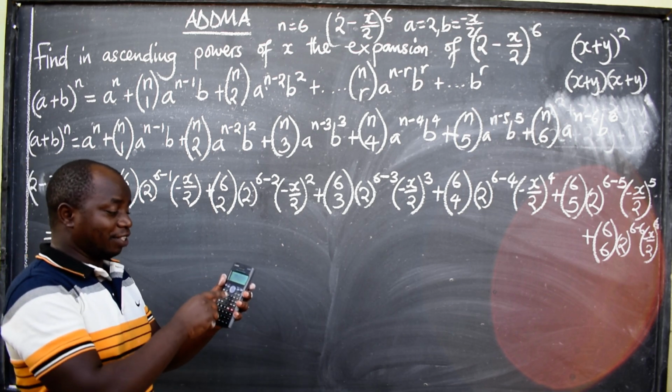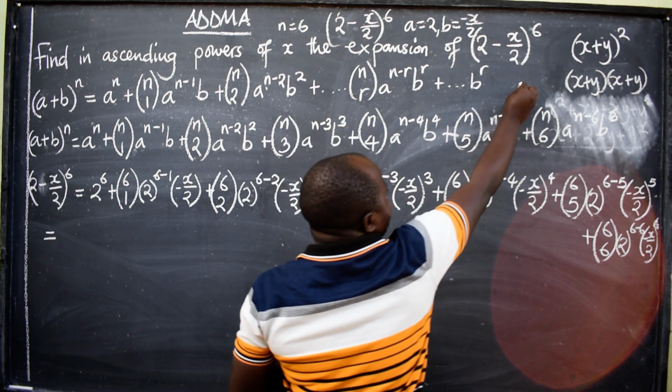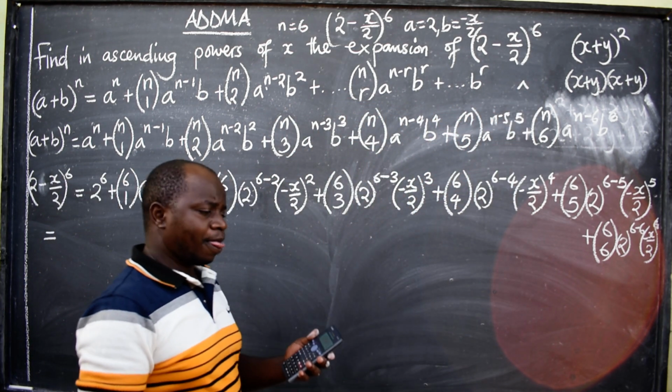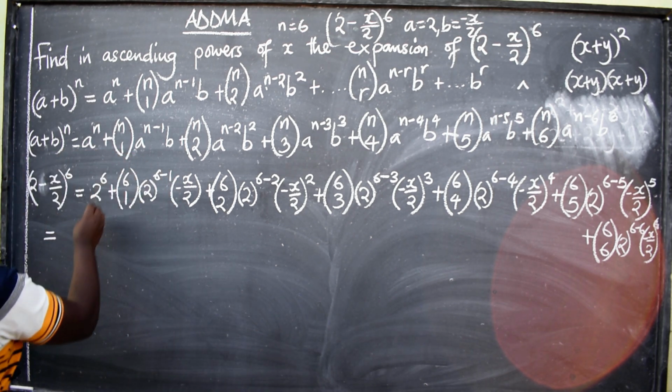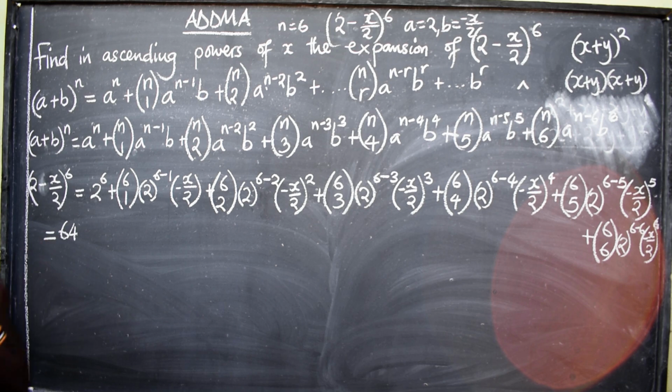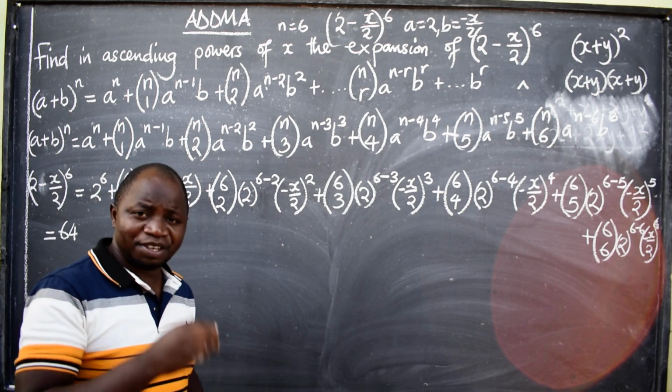Your calculator has got a power where you can, some calculators here has got this as the power. So raised to the power 6, you're going to get 64. So here you write 64.